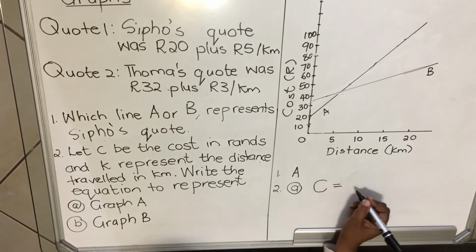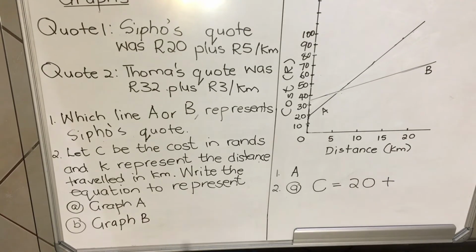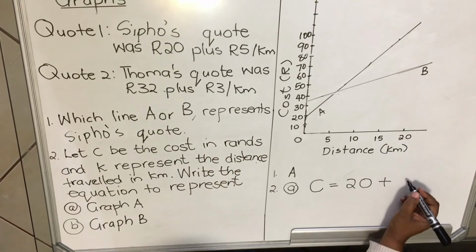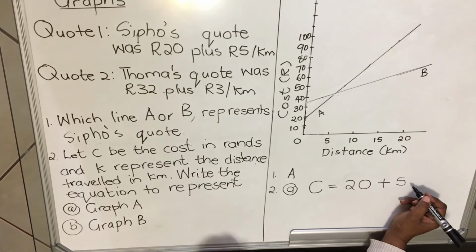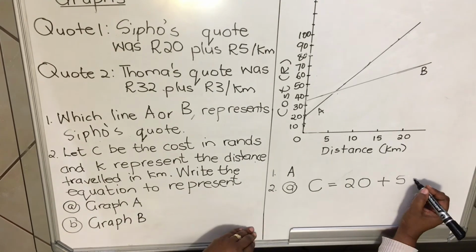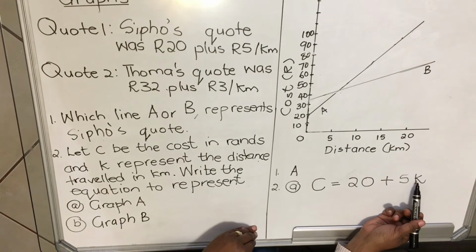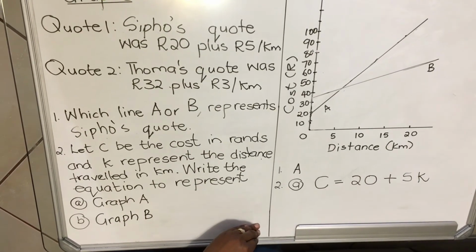What is our cost? It's 20 rand up front plus how much do we pay for every kilometer? 5 rand for every kilometer. 5 multiplied by every kilometer. They said kilometer will be represented by K. So it means you're going to multiply. If it traveled 10 kilometers, it will be 10 times 5 plus the 20 rand.